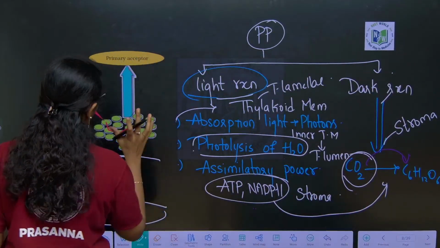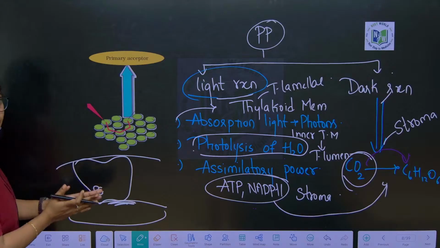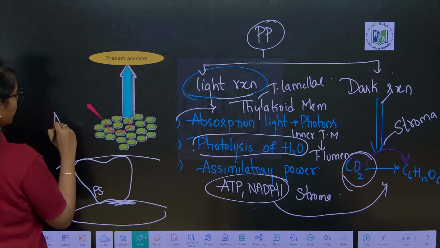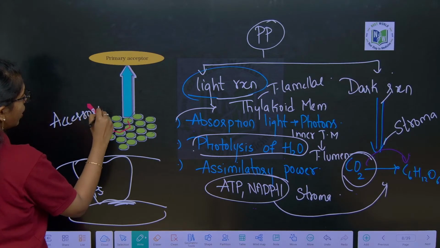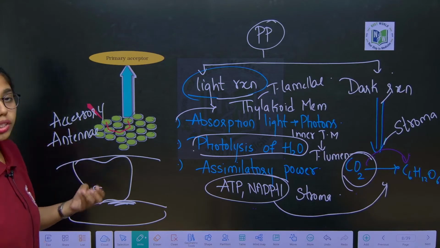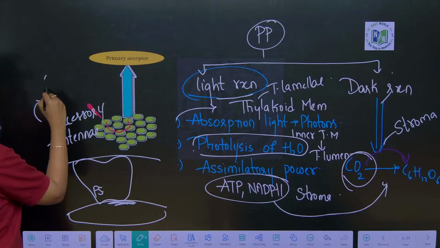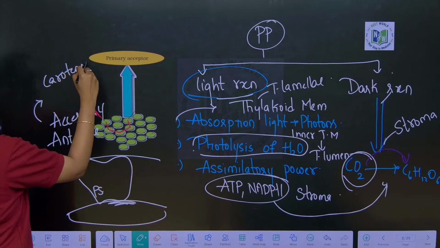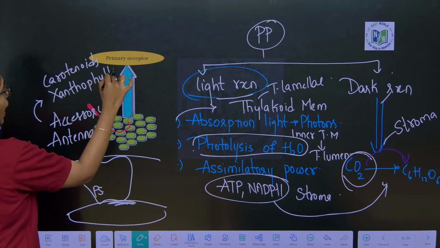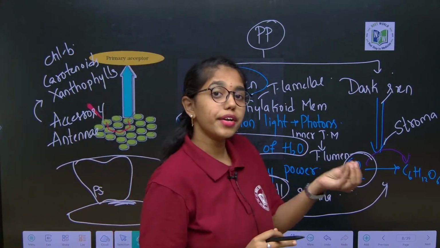Now, let us look into the light harvesting complex, which is the first step of the light reaction. This happens in the thylakoid lamellae, wherein the light harvesting complex has accessory or antenna pigments, which include carotenoids, xanthophylls and chlorophyll B, which absorb light at different wavelengths.